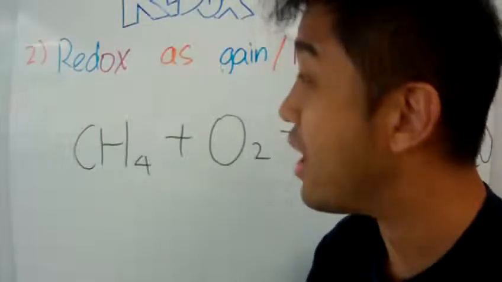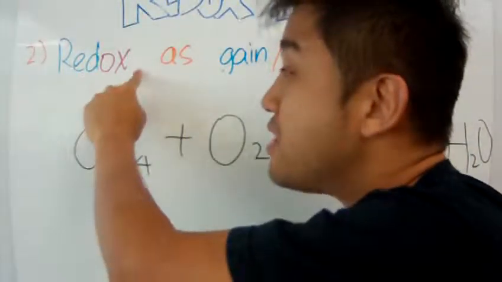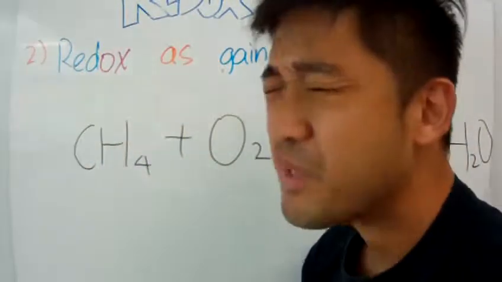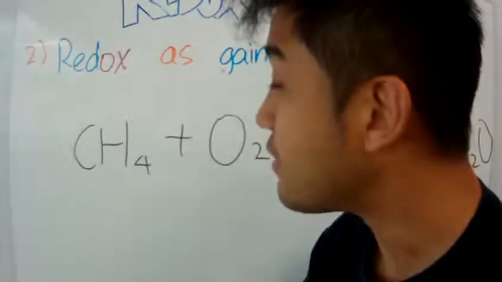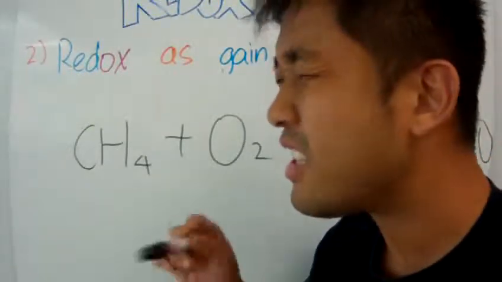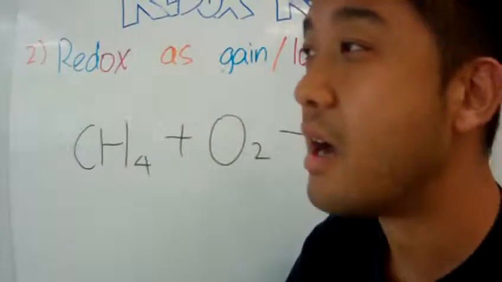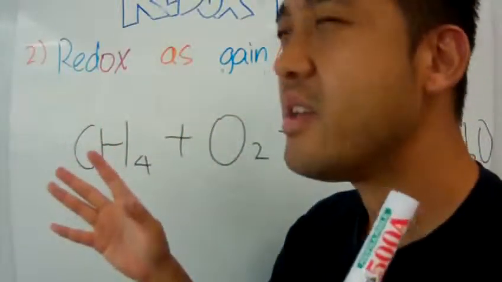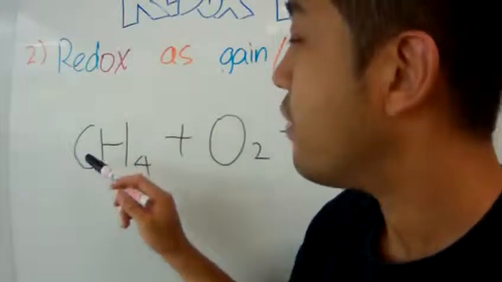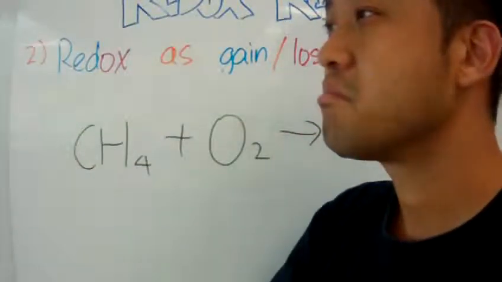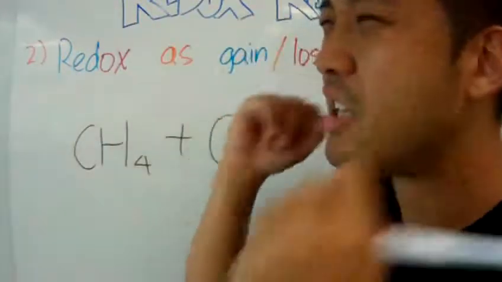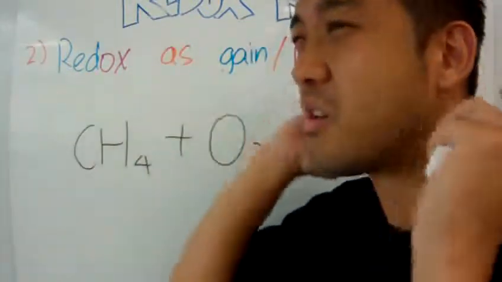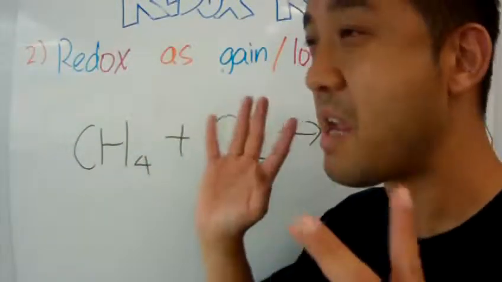Well, this is where the made-up system of redox came in, because now, instead of really understanding where the electrons are, we're going to make believe where the electrons would be if, in fact, carbon will take or give all the electrons, or hydrogen will give or take all the electrons, or oxygen will do the same, right?